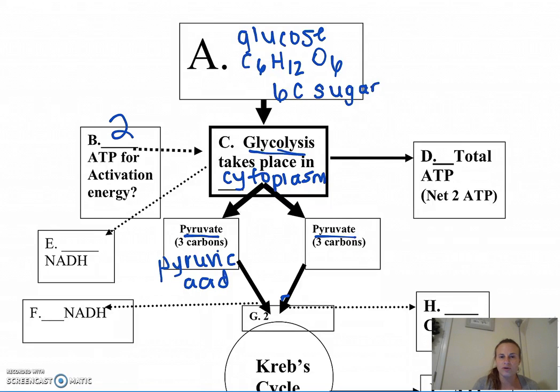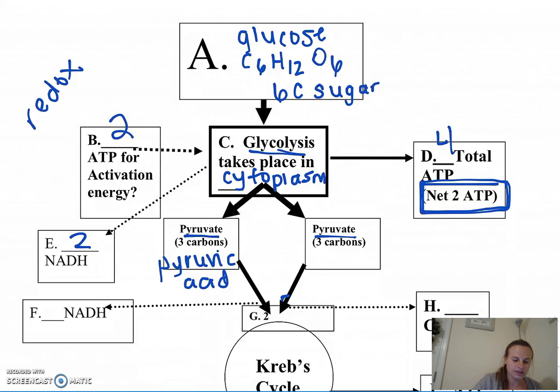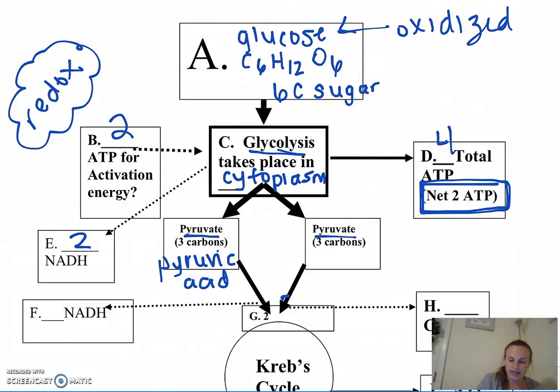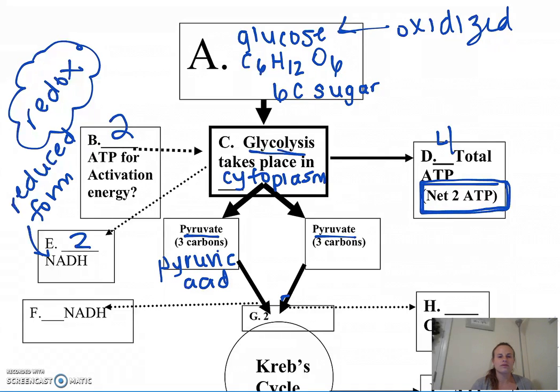And how many ATPs are made during glycolysis? 4, which gives us a net gain of 2 ATPs. Furthermore, we're going to get 2 NADHs. So this is known as a redox reaction because glucose is going to be oxidized, whereas NADH is the reduced form of NAD. So it has been reduced, hence the name redox reaction.